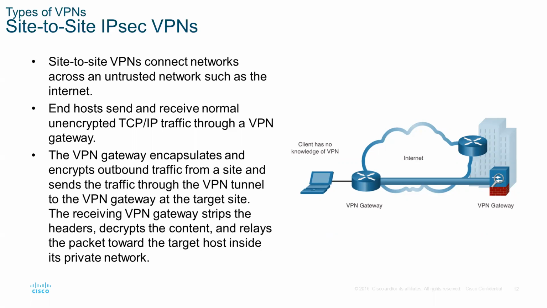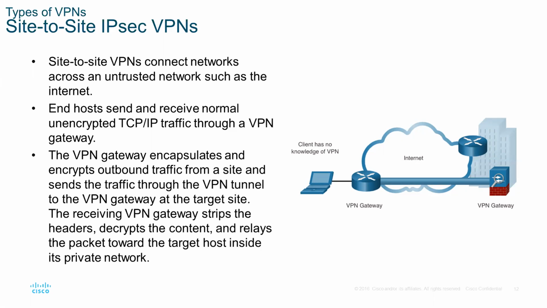So we have what's called clear text messages leaving our end device, going to the VPN gateway that we're using, which has the tunnel to our destination, and it's responsible for encrypting all of that outbound traffic and decrypting any traffic coming back.